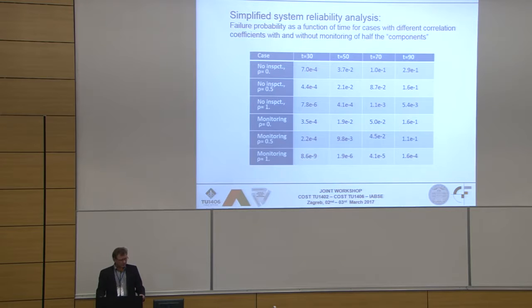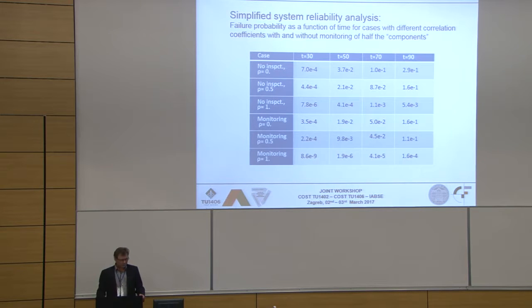And the point is that the effect is highest when you have high correlation. That means if your correlation is 1.0, it doesn't matter if you have 90 components or 1, because all information is contained in each single component because they are fully correlated. So it's really not a system with 90 components, it becomes a system with 1 component.